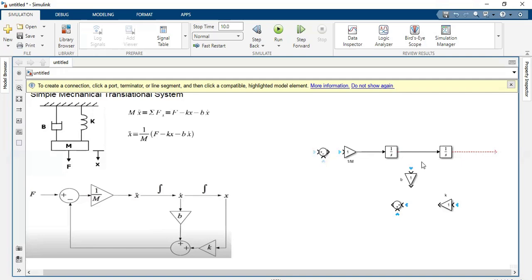The output of the second integrator is the output x. We will connect all the blocks.